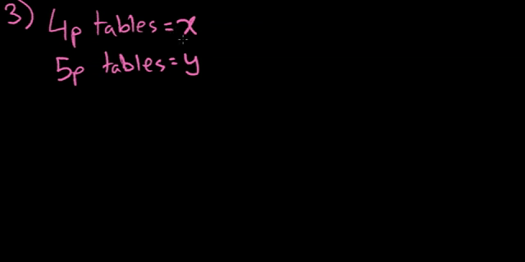So these are the amounts of these types of tables. From the word problem, we can tell that x, the amount of 4-people tables, plus y, the amount of 5-people tables, is going to equal a total of 19 tables. Now we have to find the number of people in these tables.